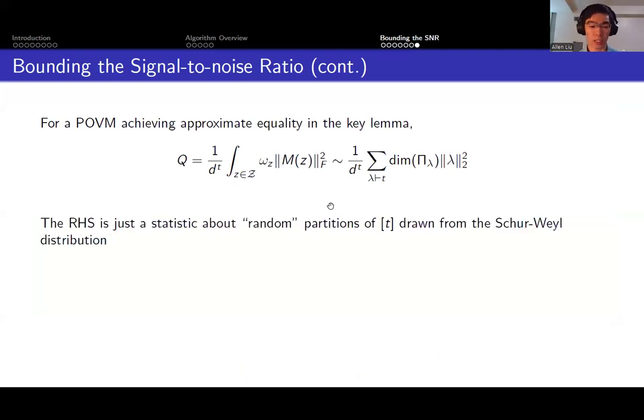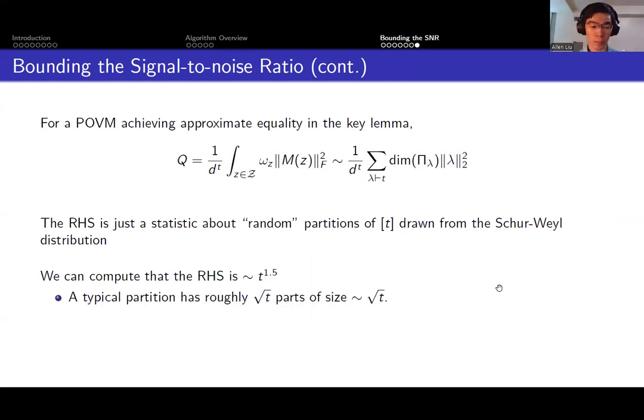And now the key is that the right-hand side is just a statistic about random partitions of T drawn from some distribution called the Schur-Weil distribution. This is a combinatorial expression that is well understood, and its value is just T to the 1.5. This is a well understood quantity.